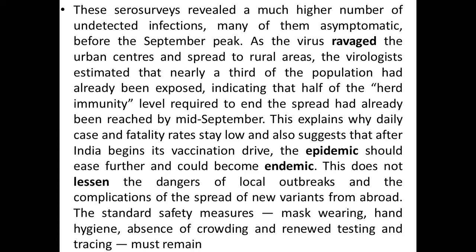These sero surveys revealed a much higher number of undetected infections, many of them asymptomatic. Before the September peak, as the virus ravaged the urban centers and spread to rural areas, the virologists estimate that nearly a third of the population had already been exposed, indicating that half of the herd immunity level required to end the spread had already been reached by mid-September.